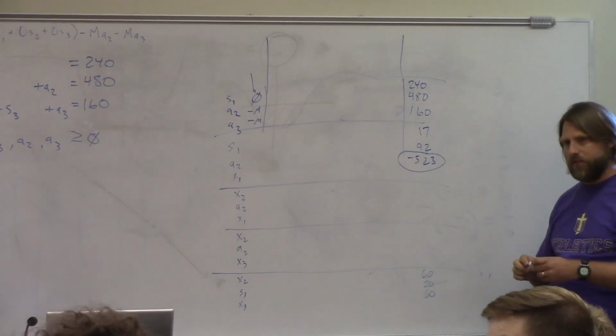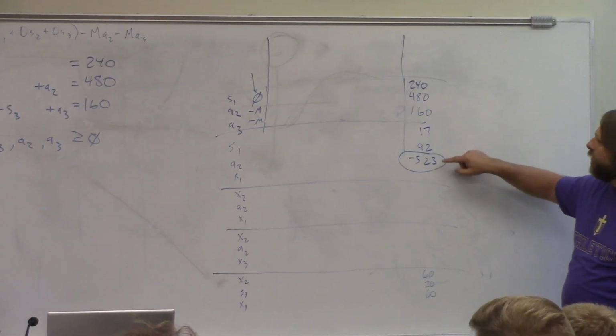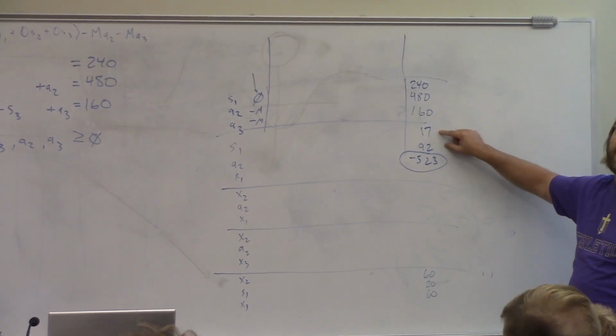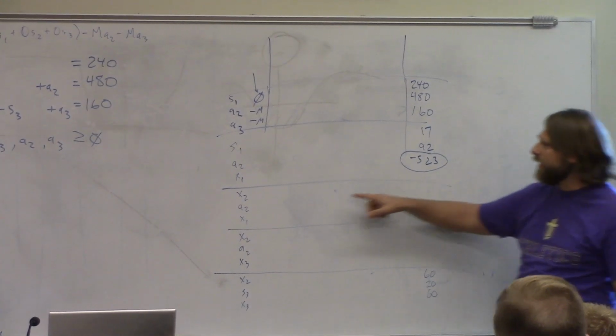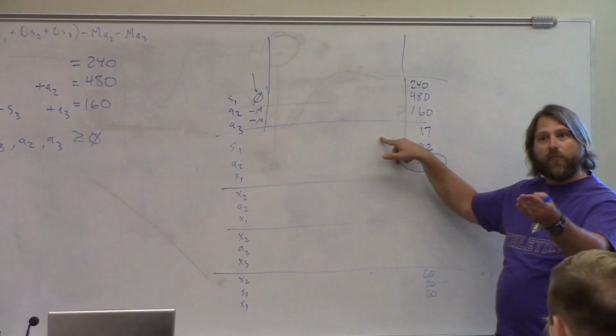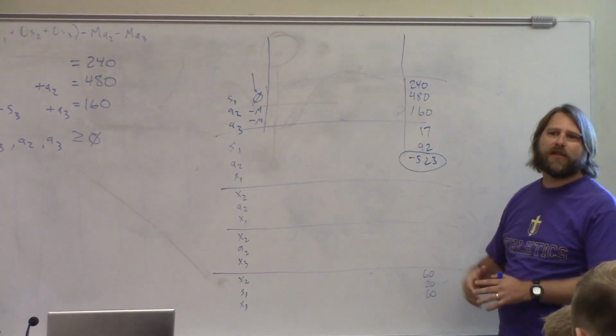Is that only true for the right-hand side? Yes, it's only true for the right-hand side. We ignore these negative values and only pick the smallest positive value. Again, when we look at the values here, we're looking at the largest positive value, so negatives are smaller anyway.